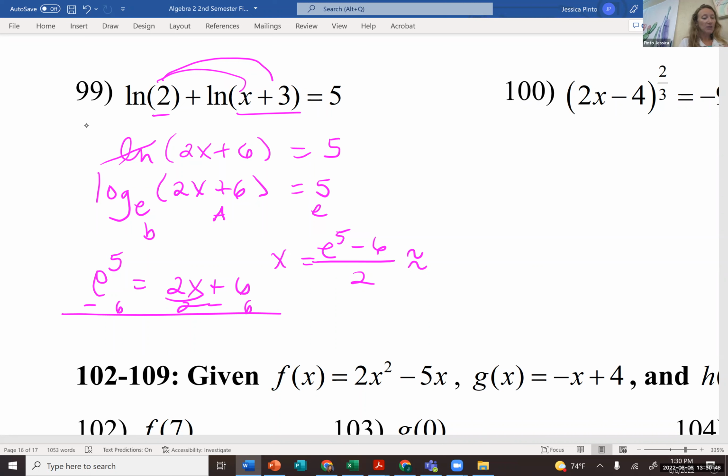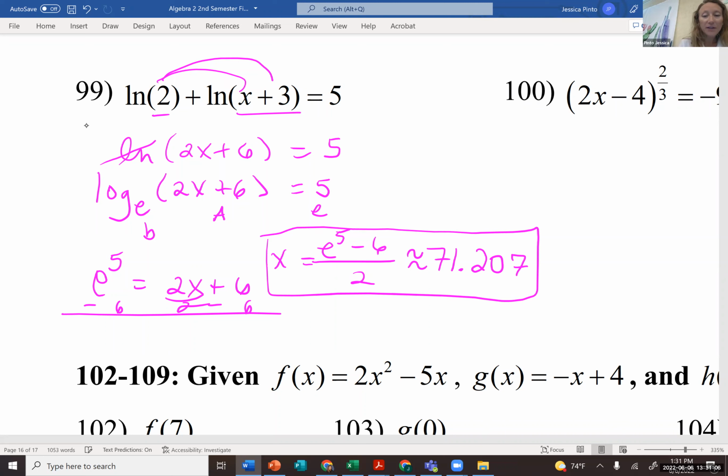Then I divide by 2, and I get 71.20657955. So rounding that, 71.207. So here I've got both my exact and my decimal approximation.